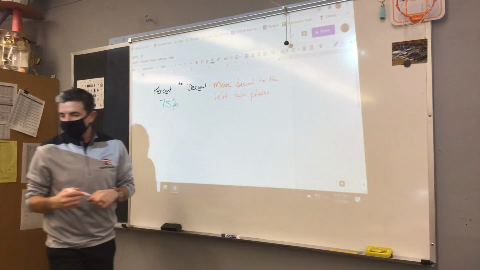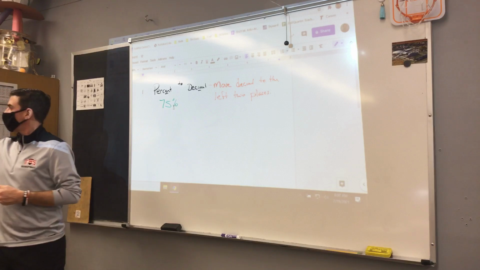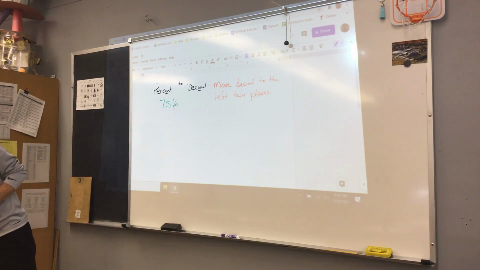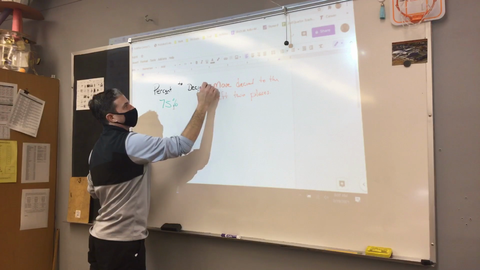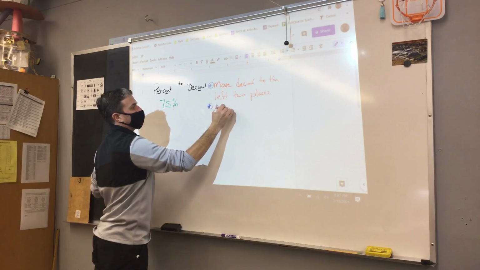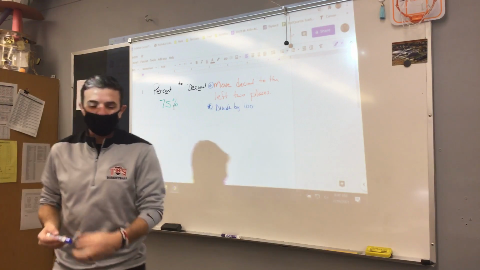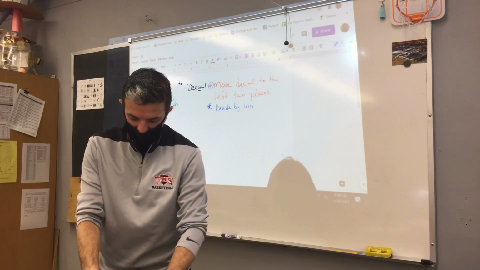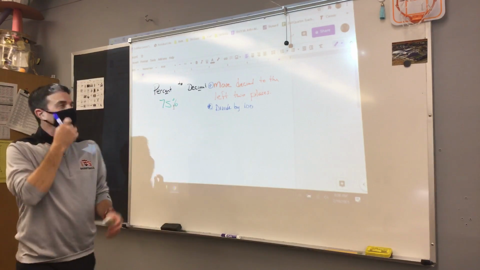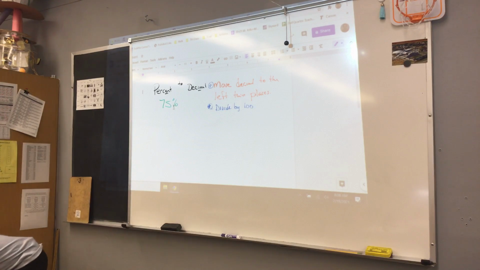It's the same thing as what? Divide by 100. That's ultimately what you're doing when you convert a percent to a decimal. So 75%, the answer is 0.75.